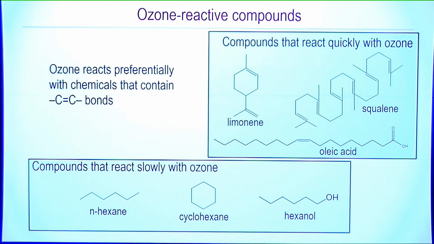About 10% of our skin oil is squalene. It's a magic molecule. I really like it. And it gobbles up ozone. But you also get a slew of products. Oleic acid. That's common in cooking oils. If you use an unsaturated oil, it likely contains oleic acid. Olive oil, high concentration of oleic acid.